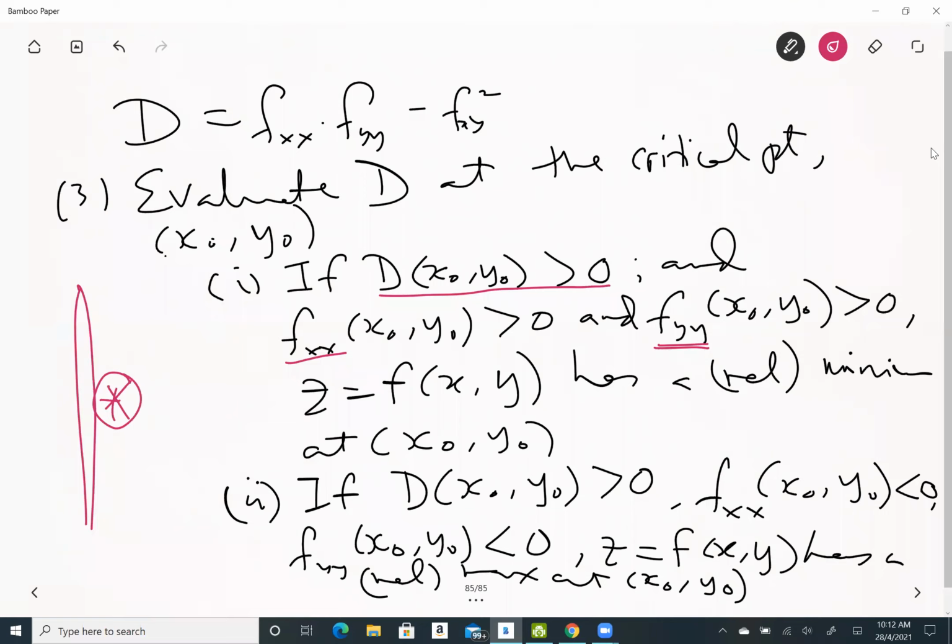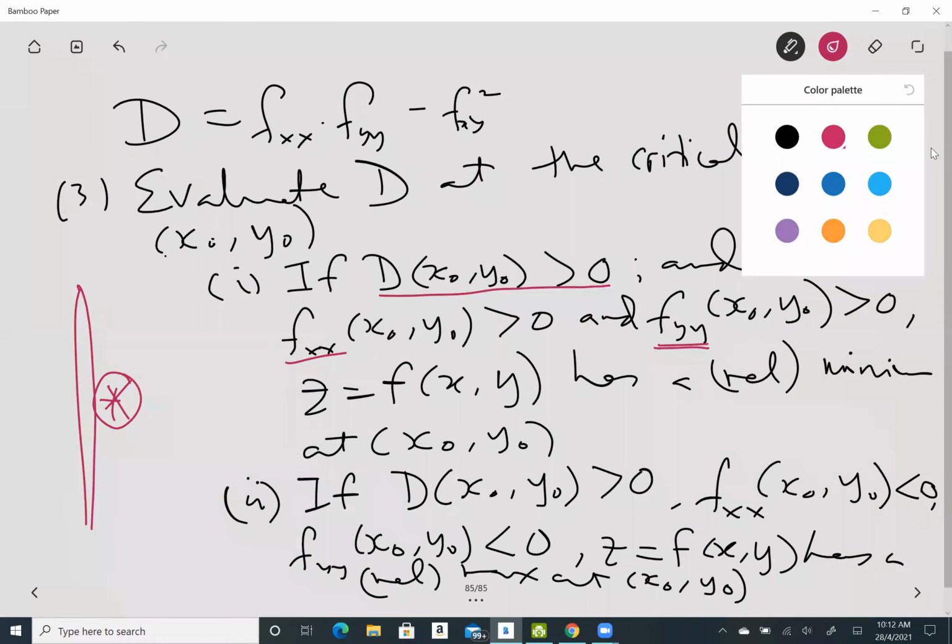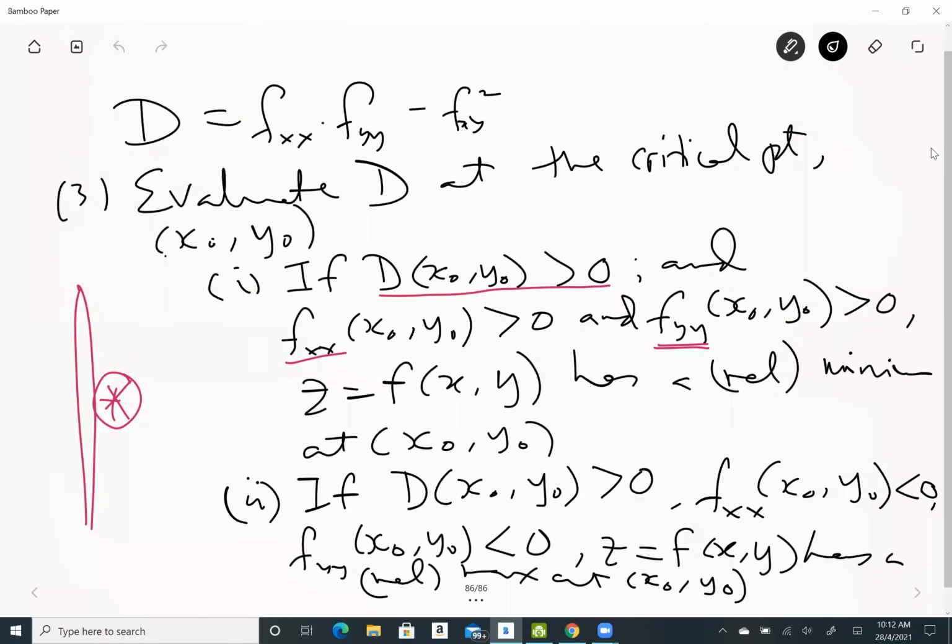Okay, all right. Now, case number 3, when the D is negative. If D is negative, then we don't have to proceed with the test, because it will not be maximum, it will not be minimum. So you may have what?